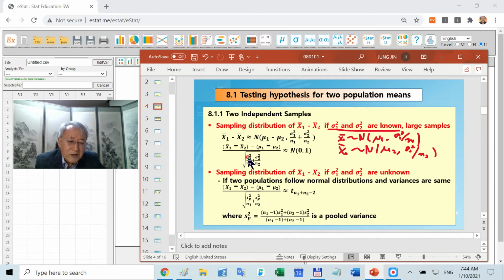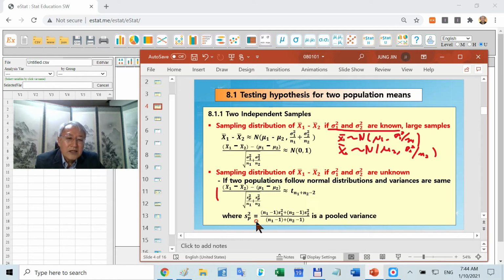You replace the unknown population variance with some kind of variance. We call this the pooled variance. You replace that with Sp square. Then it becomes a T distribution with this degree of freedom. If you understand the chapter 7 idea, once I specify this sampling distribution, maybe you are almost done.